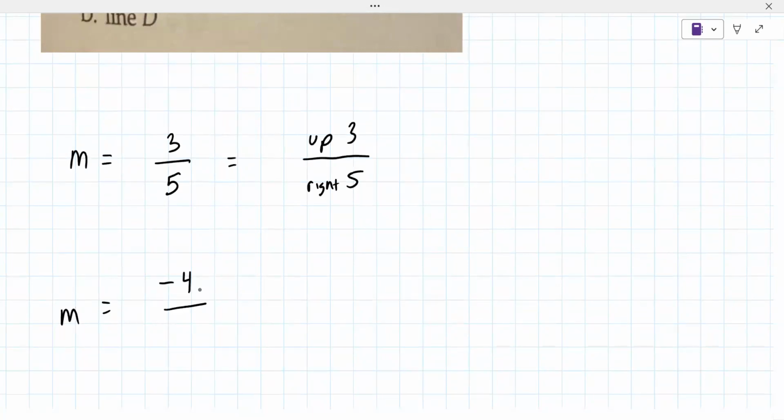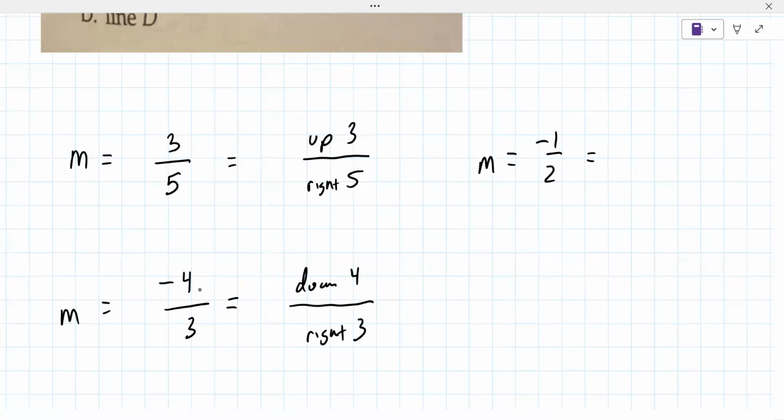So let me give you a slope here. Let's say I give you a slope of 3/5. This means up 3, right 5. Let's say the slope is -4/3. This means down 4, right 3. So if the slope is -1/2, this means it's down 1, right 2.